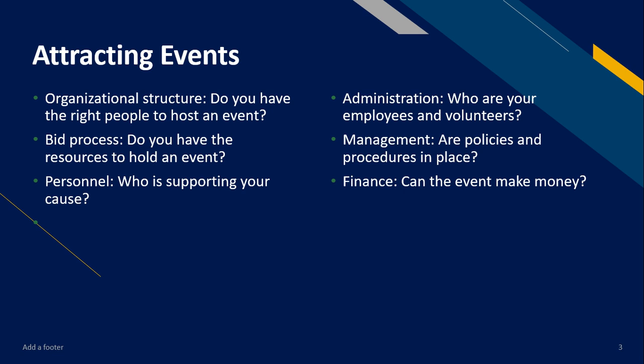A typical bid request asks for detailed information such as the following: a facility's size, such as its seating capacity and parking capabilities, the number of hotel rooms in the immediate area, what other events have been held in the facility or the region, and the experience of employees and volunteers, how the event will be integrated with other activities in the area.